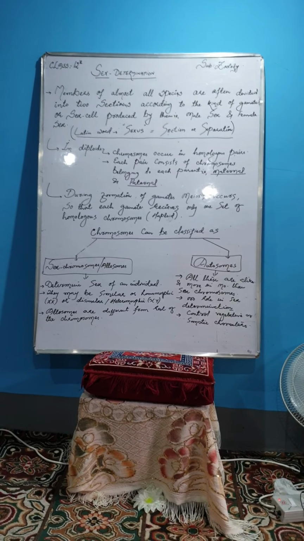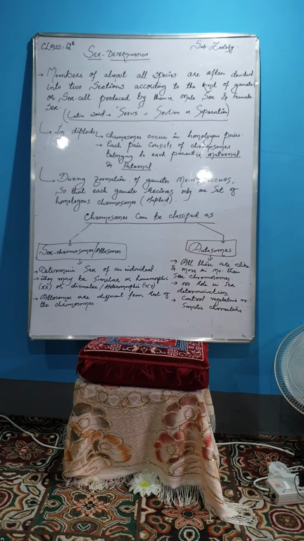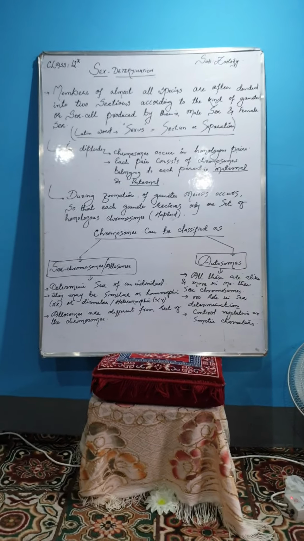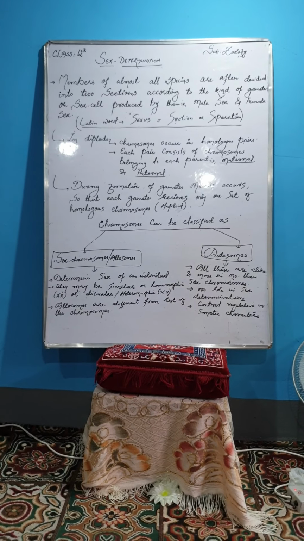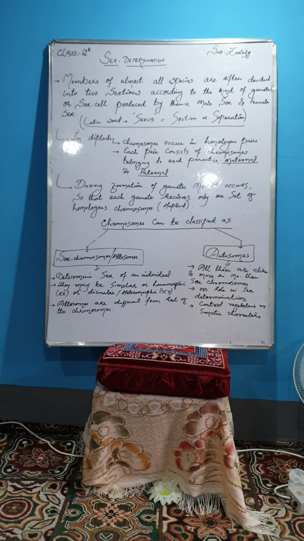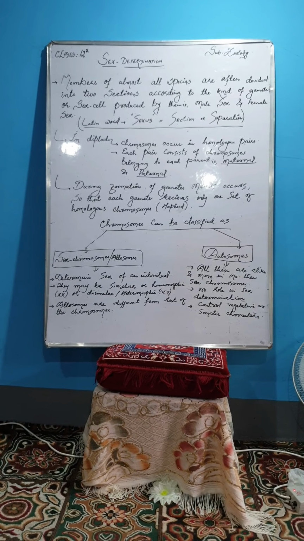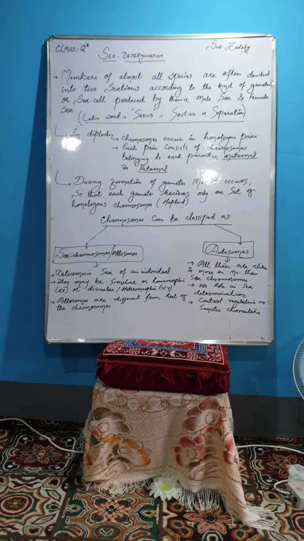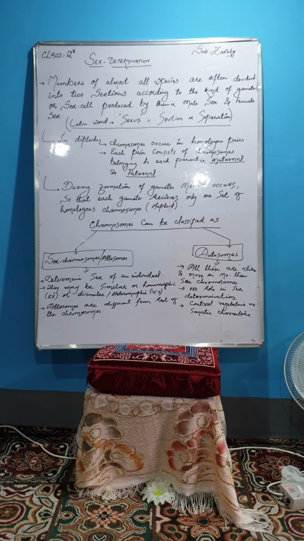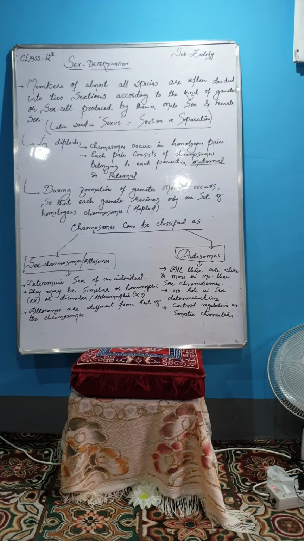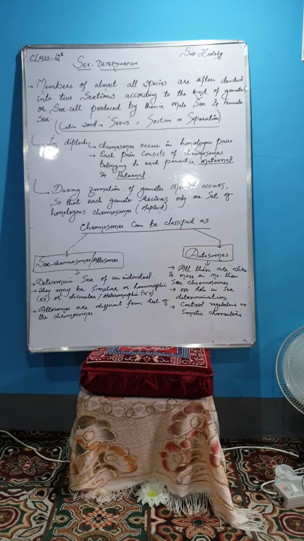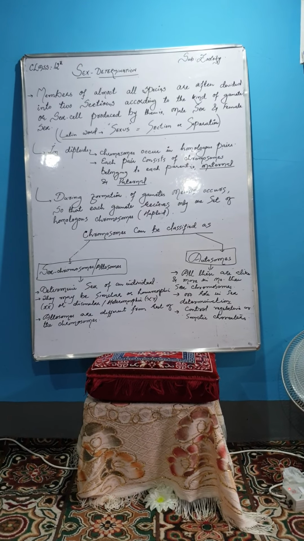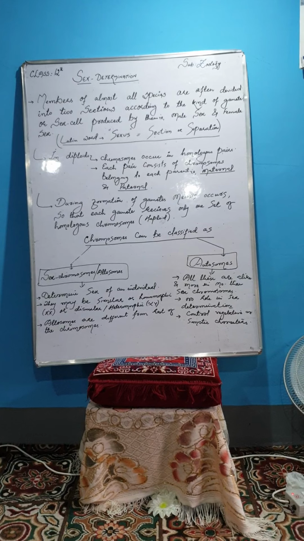In autosomal pairs, all the chromosomes are alike, and they do not have any connection with the sex of the offspring. Rather, they are responsible for controlling the somatic or vegetative characters of the body. On the other hand, our main emphasis would be on the sex chromosomes or allosomes.